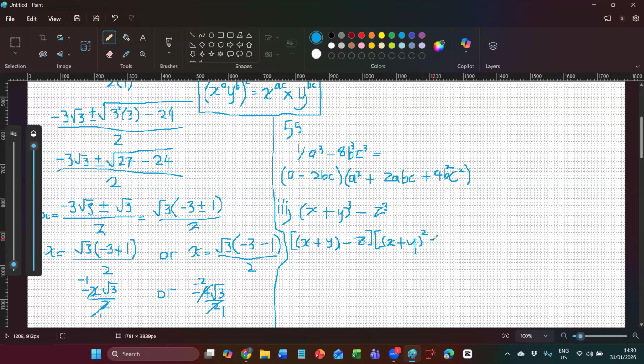Now, the real sign of this one, if you compare it well, this is the model that it follows: A cubed minus B cubed. You agree with that, right? Yes, sir. So if that's the case, then we'll have to flip the sign from minus to plus. This one is going to be interesting.